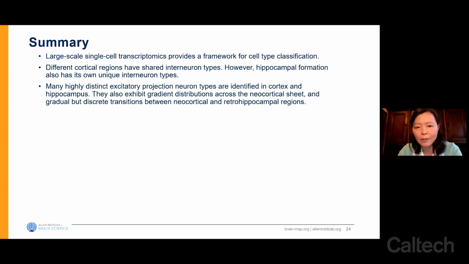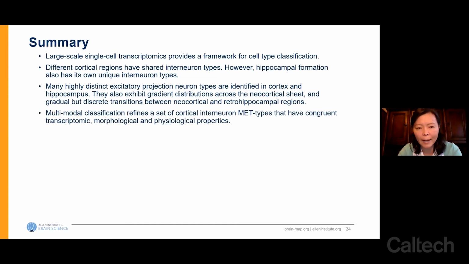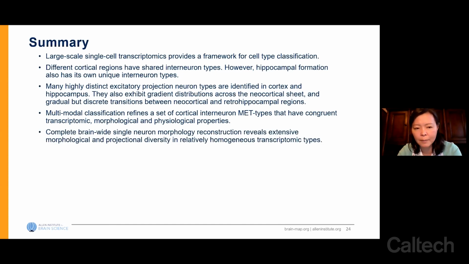We find that excitatory projection neurons are highly distinct between regions. They also exhibit gradient distributions and gradual transition and homology between neocortex and hippocampus. Integrated classification allows us to identify MET types that have congruent properties and high degree of mutual predictability.